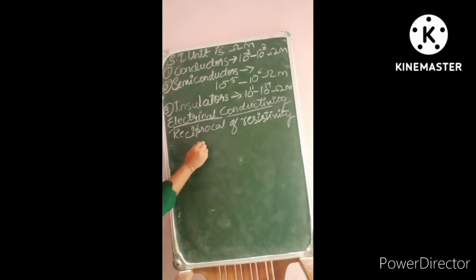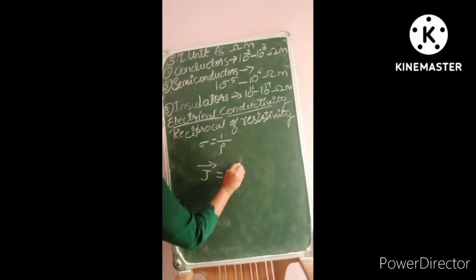It is denoted by the symbol sigma. Next we are going to study the derivation of the relation J bar equals sigma times E bar. This derivation is there in your syllabus.